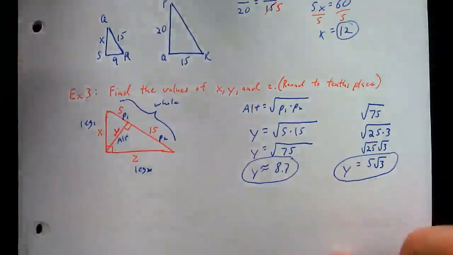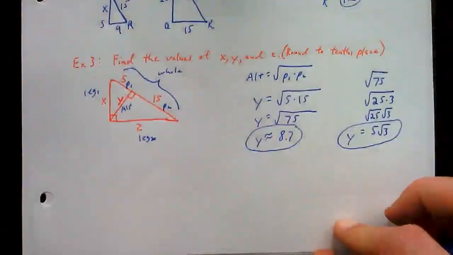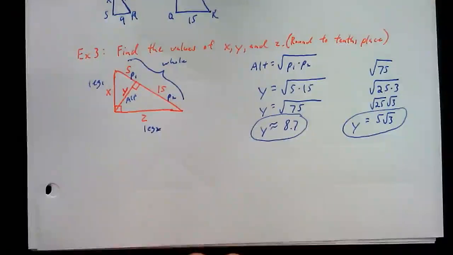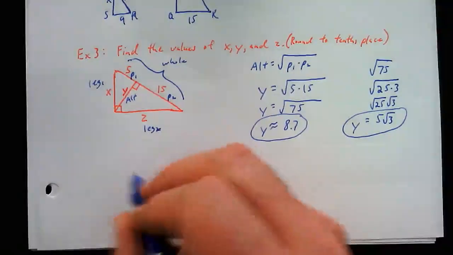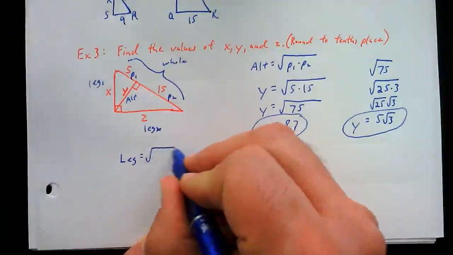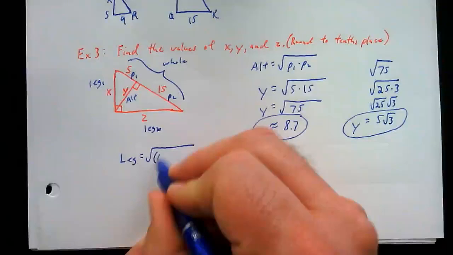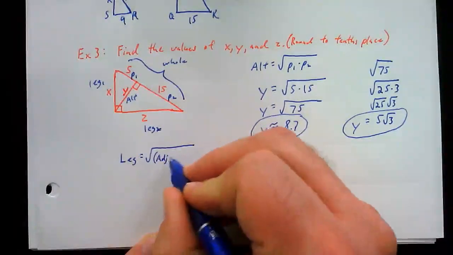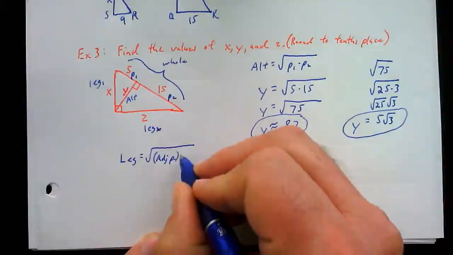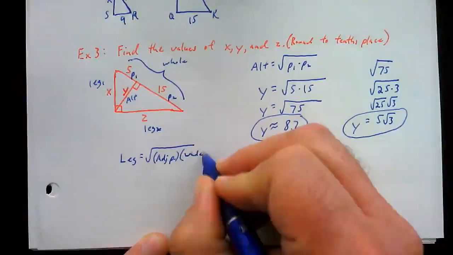Now, it wanted us to find all 3 missing parts. So we found our altitude. Now we got to do our leg. So for our leg, it's our other formula. Our leg formula was the geometric mean of the adjacent part times the whole. So adjacent part times the whole.